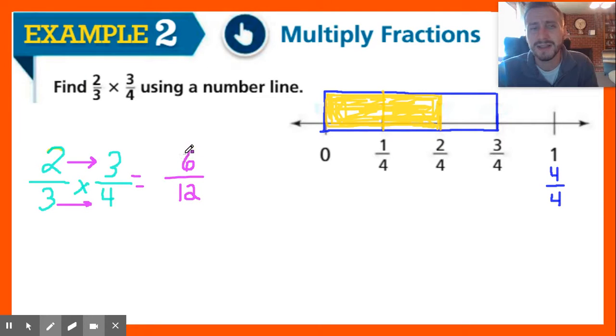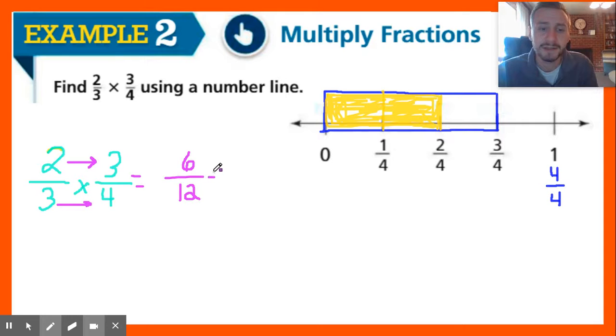So can 2 go into 6? So 2 times what gives you 6? 2 times 3 gives you 6. Does 2 go into 12? 2 times 6 goes into 12, right? So that means that 2 can simplify this fraction.